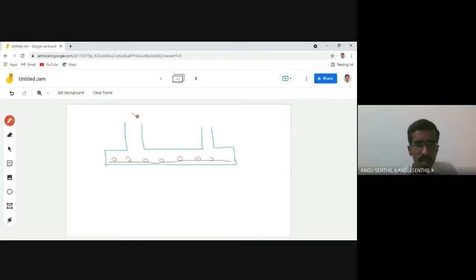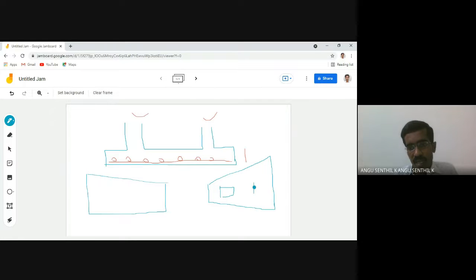This is one column and this is another column. This is your slab thickness. In plan it may be rectangular, or sometimes it may be trapezoidal. So these are the shapes of a combined footing.